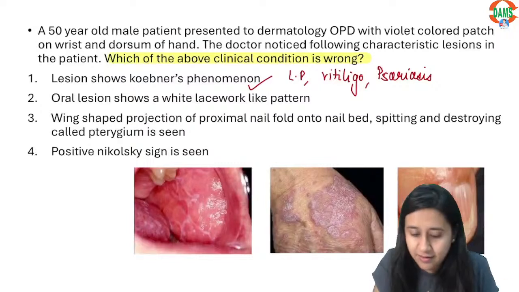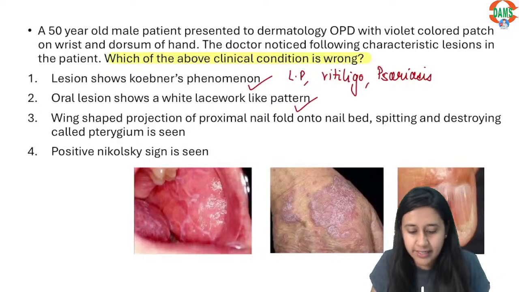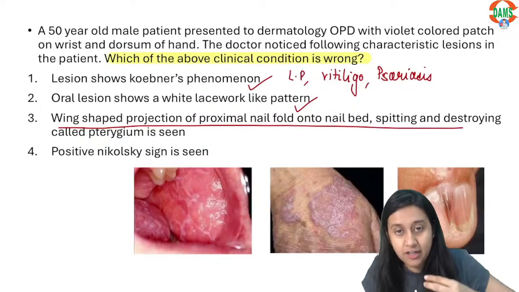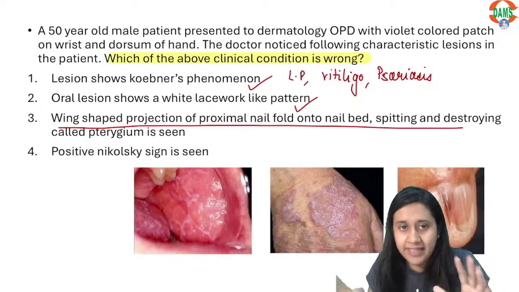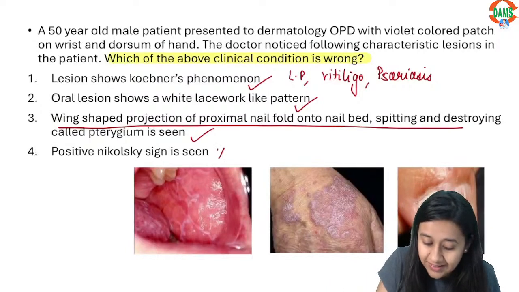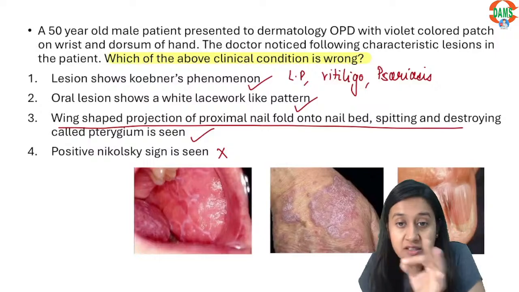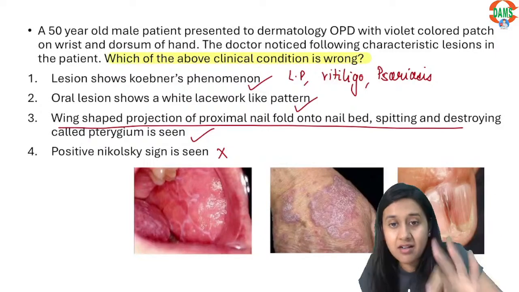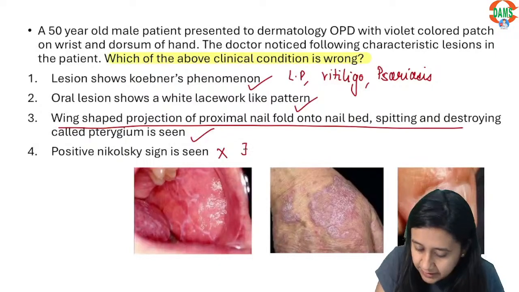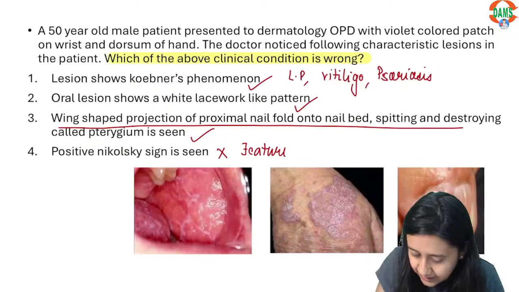Oral lesion looks like a Wickham striae pattern. That is also correct. Wing-shaped projections of the proximal nail fold onto the nail blade, splitting and destroying the nail, called pterygium. That is also correct. But please remember, Nikolsky sign is a feature of the intraepidermal split. It is not seen in patients of lichen planus.